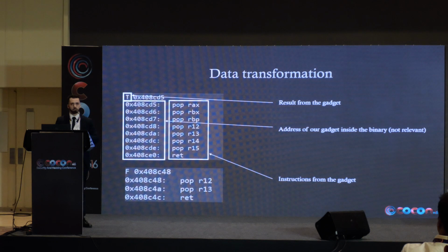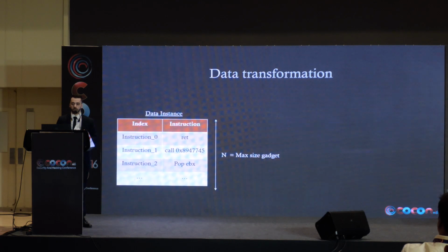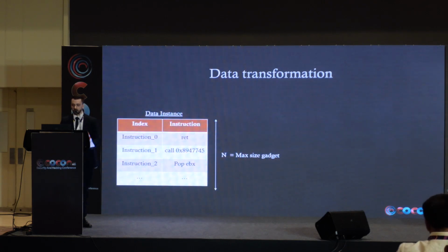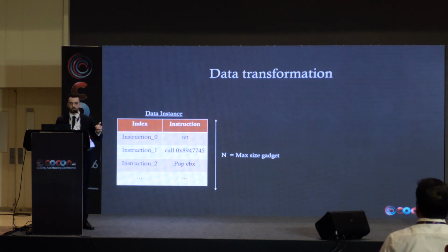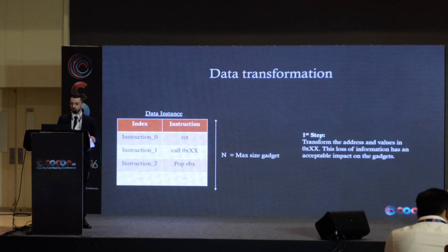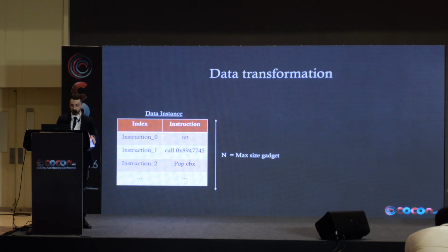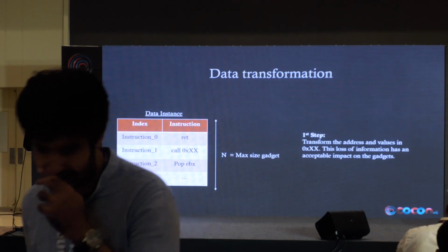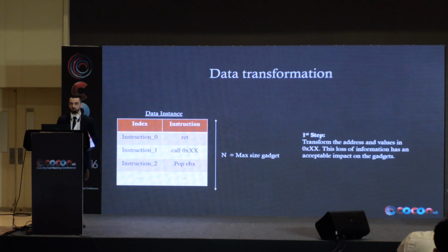To make our data suitable for training a machine learning algorithm, we have applied three things. First of all, we have our gadget with all of the features, and we modify all of the instructions that contain some address or some value. When I have, for example, call 0x994774, this specific instruction, I will transform it into a normalized value, to make it suitable for understanding.